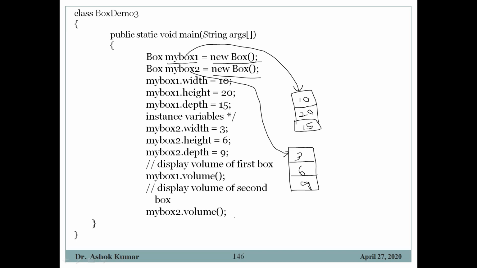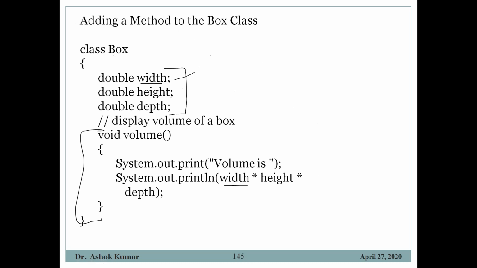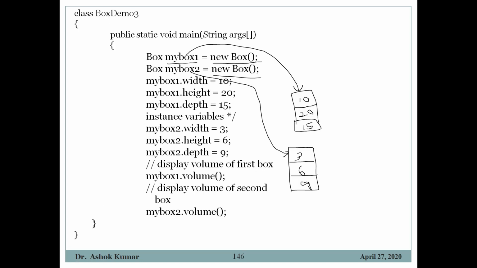So if you call this mybox volume function with mybox1, what will happen? This will be called. The first important point to notice is, if you want to call a method, you have to first use the object name, then the dot operator, after that the name of the method, and then parentheses.